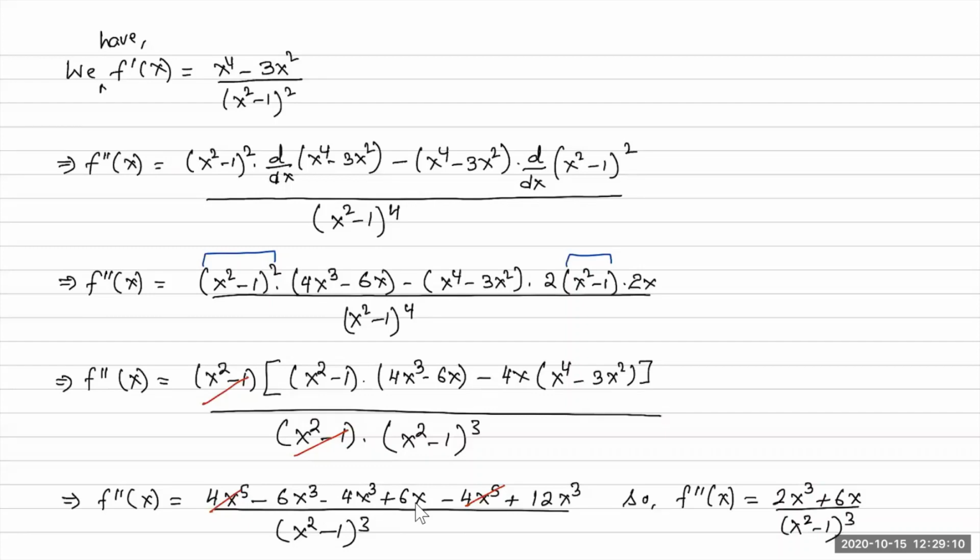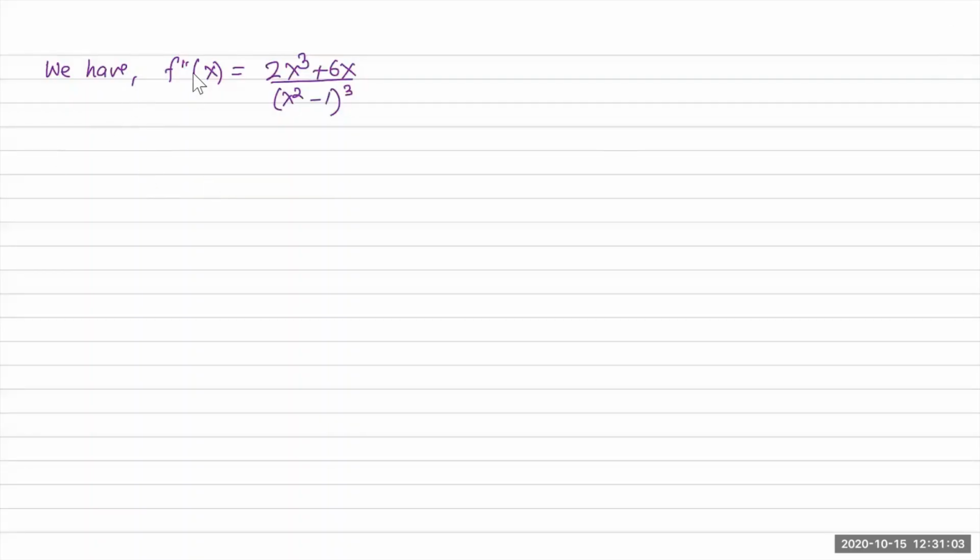That is my second derivative. Okay, we got the second derivative as 2x cubed plus 6x over (x squared minus 1) quantity cubed.